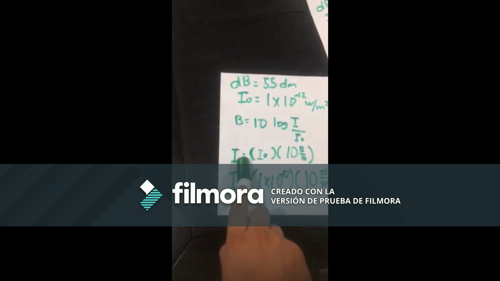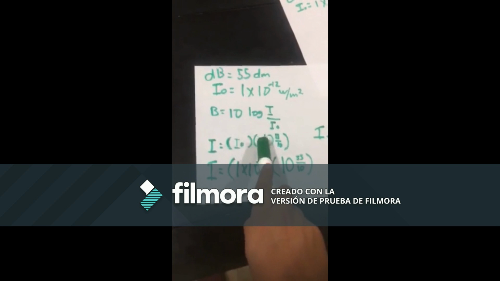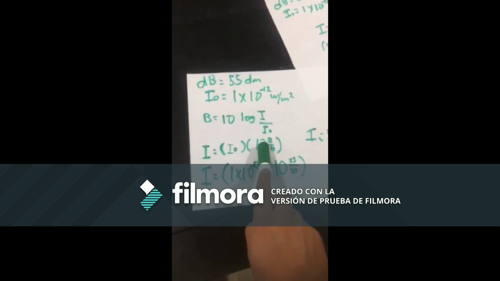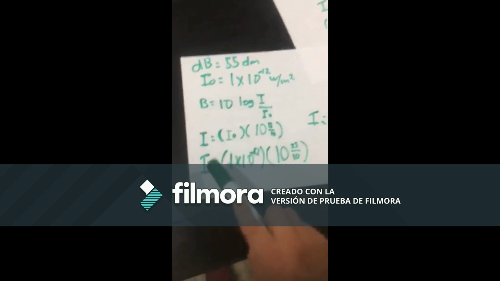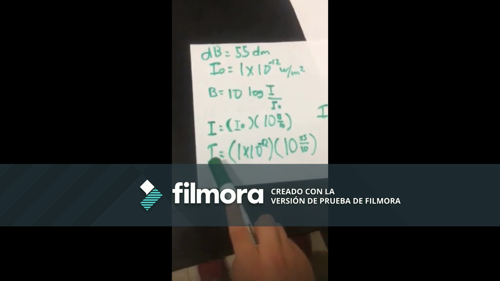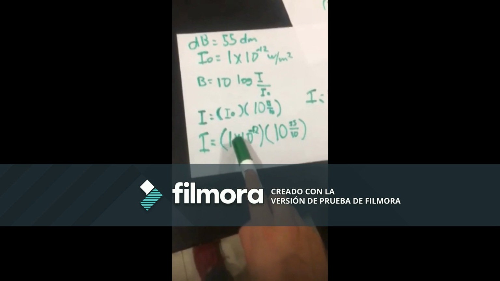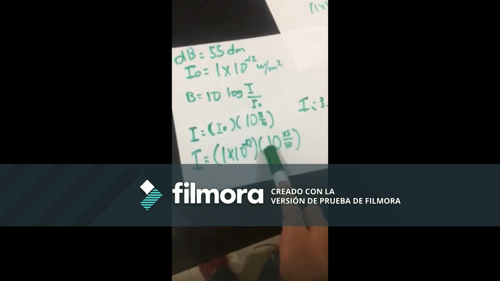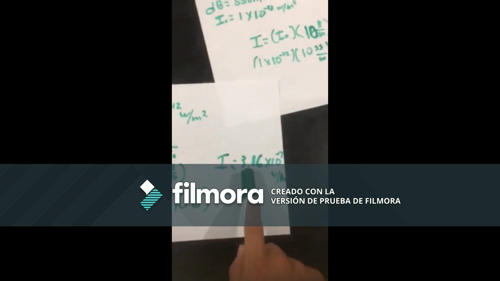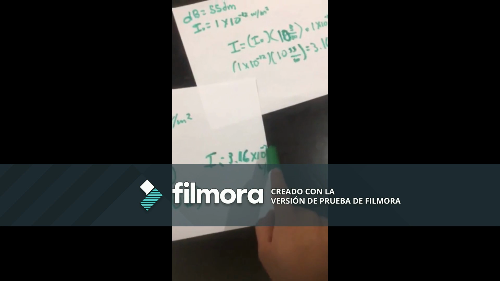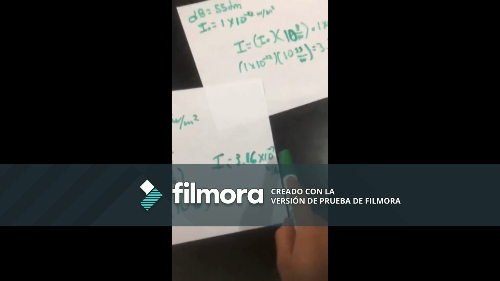So intensity is going to be equal to intensity 1 times 10 to the B over 10. And substituting the values, intensity equals 1 times 10 to the minus 12 times 10 to the 55 over 10. And the intensity is going to be 3.16 times 10 to the minus 7 W over meter squared.